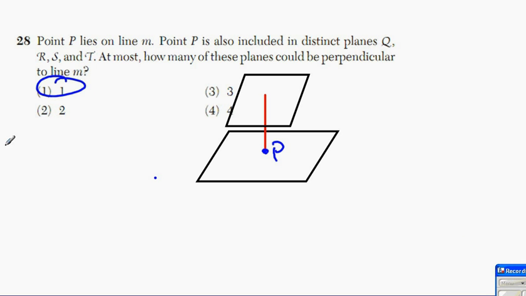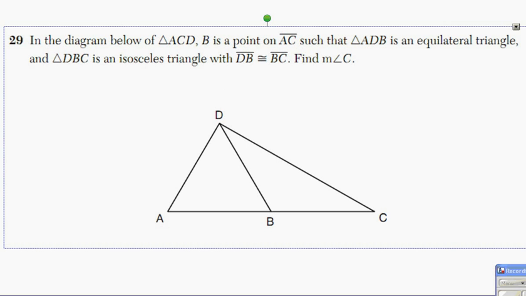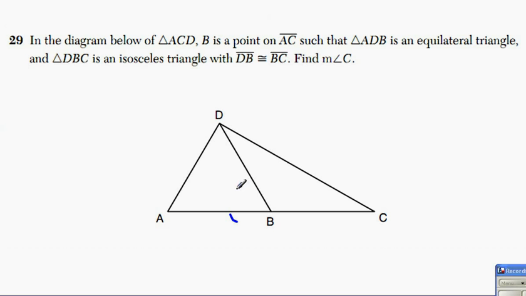Alright, so let us continue here to number 29. Now, this is an equilateral triangle. So that means we're looking at 60, 60, and 60.